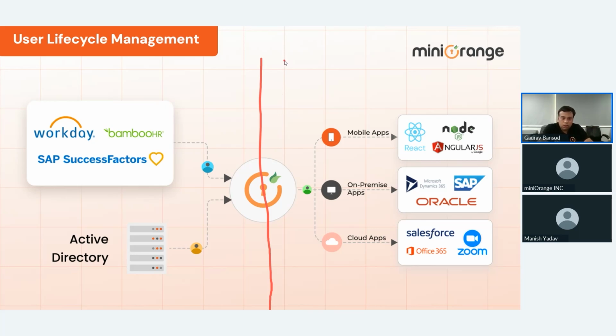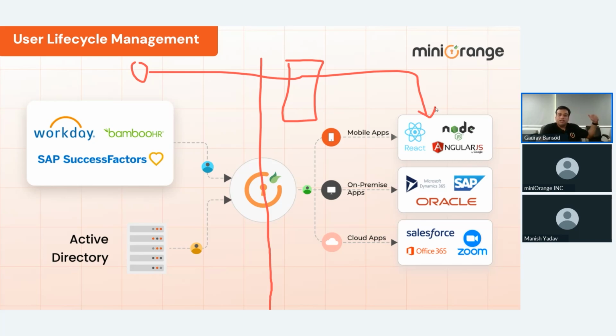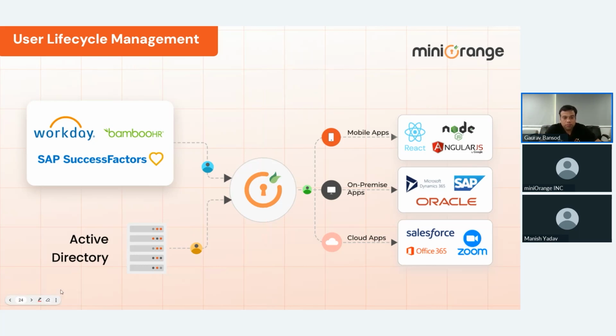You can define rules in miniOrange, and then based on the role, the particular employee gets access to a certain set of applications with a single click. Similarly, it can be deprovisioned also with a single click. So basically, miniOrange acts as a firewall, whether that employee has multiple identities in multiple databases or not, miniOrange takes care of the entire automation of user lifecycle management. So this is also one of the interesting things which many organizations are adopting.